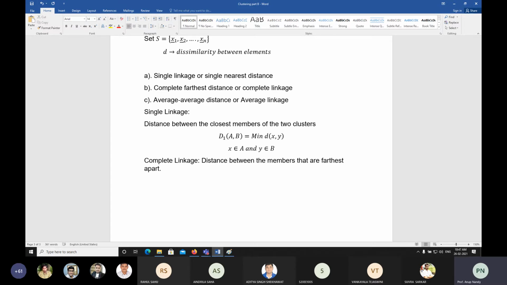The same process you need to follow. It should be D2(A,B) with max. Here you have to apply the max, not min. The farthest term is there, so farthest apart. So this is called the complete linkage.